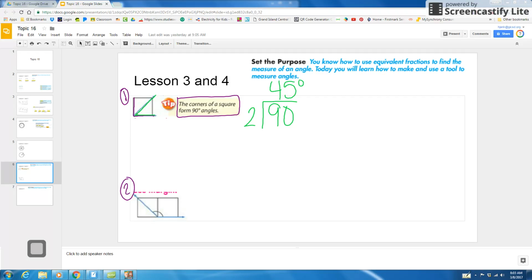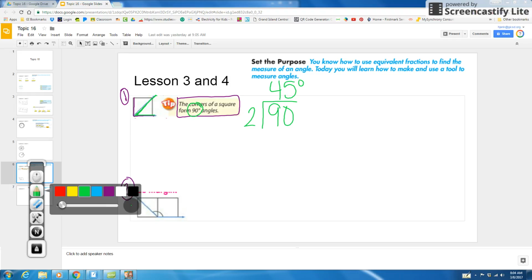So we can use our knowledge that, just like a circle, we know a circle is 360 degrees. I can say, well, I know the corner of a square is 90 degrees. So I can use that to help me figure out if it's cut in half, that it's equal to 45 degrees. If you look down at square number 2 down here now, go back to my purple, okay, we have 2 squares.